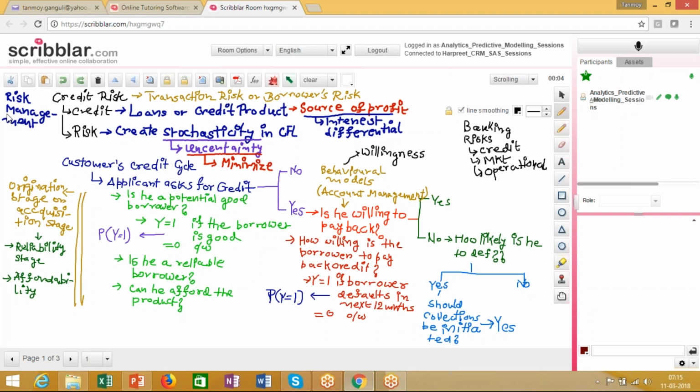And even if he is affordable or reliable, can I actually bank upon him? At each stage of the customer's credit life cycle, we build different models which help us assess the credit risk.